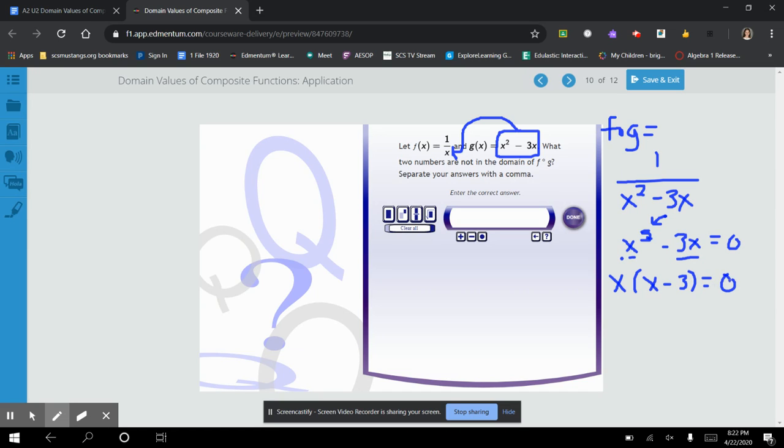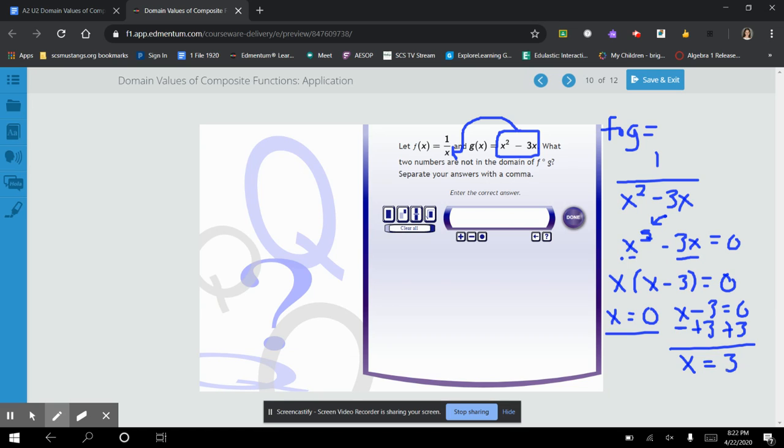Now I've got two things being multiplied set equal to 0, so I set them both equal to 0. So x is equal to 0, and then x minus 3 is equal to 0. This one's already solved for. I need to solve this side for x. So I'm going to add that 3 to both sides, and then x is going to be equal to 3.